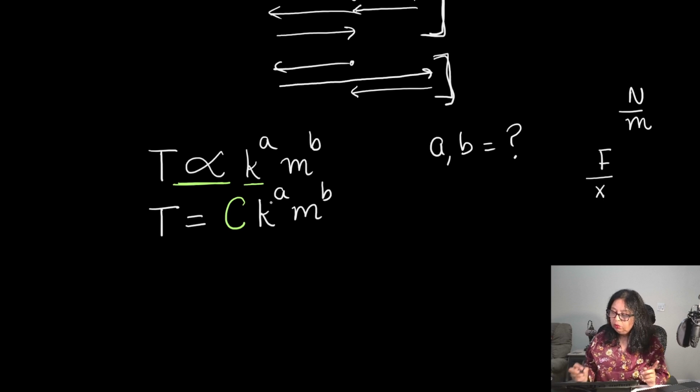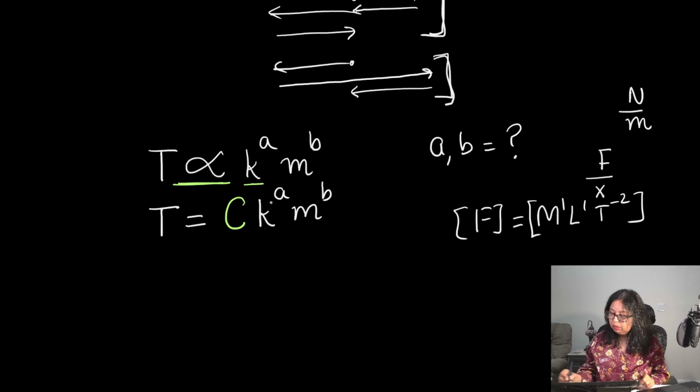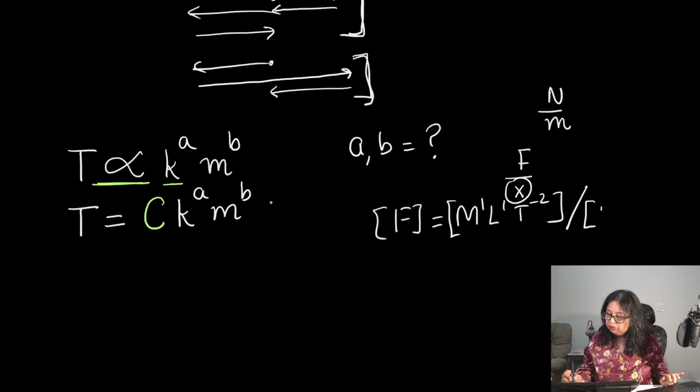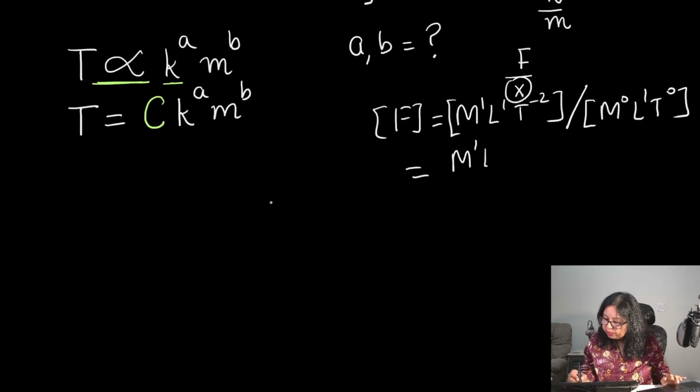Okay, so the dimensional formula for force is M^1 L^1 T^-2. And we are dividing this by x, which is distance, whose dimensional formula is M^0 L^1 T^0. This will give us, okay, let me just very quickly rewrite it so I can show it to you in detail.